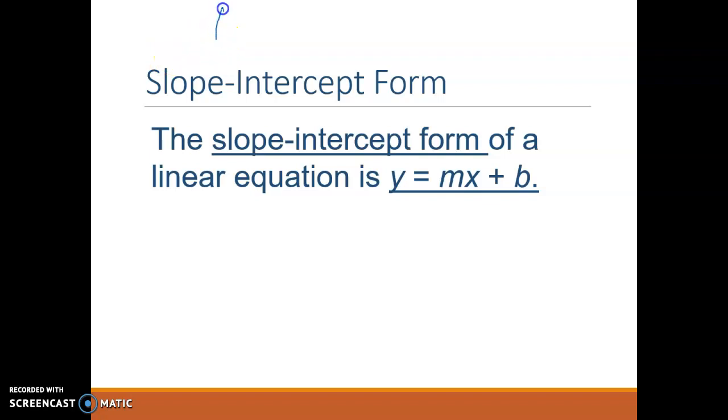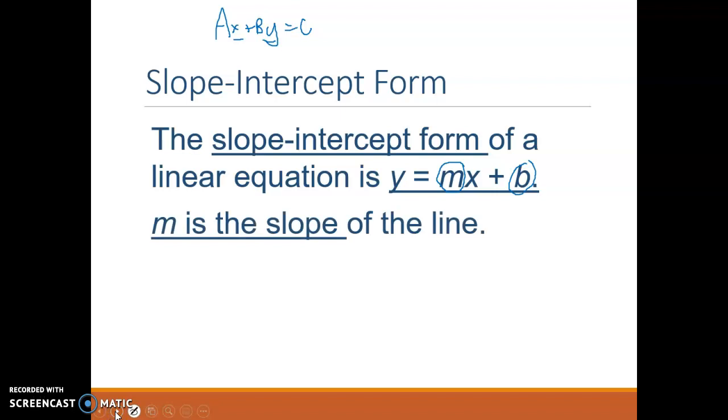In our first video, we talked about standard form of a line, which was ax plus by equals c. And you see that our x and our y were on the same side in standard form. In slope-intercept form, we have y equals mx plus b. You notice that the a and the c have disappeared, and this m and this b, which came out of this by doing some math, are going to represent two different things.